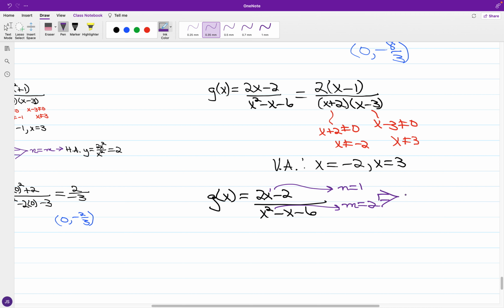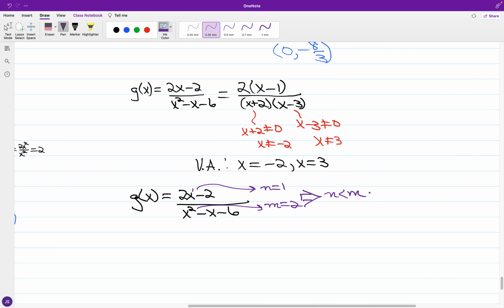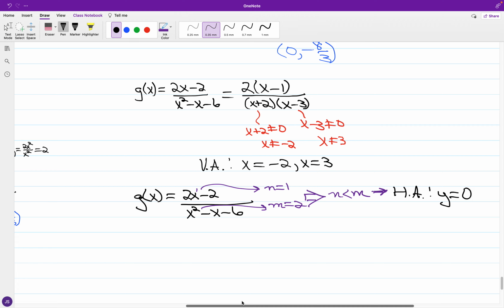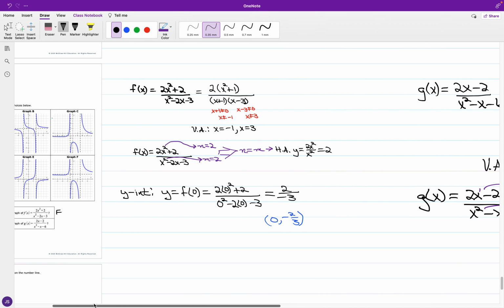And so n is less than m, so the horizontal asymptote is going to be the x-axis, at y equal to 0. So we have 3 asymptotes: x equal to negative 2, x equal to 3, and the x-axis with y equal to 0.